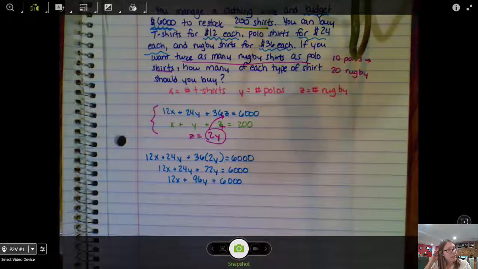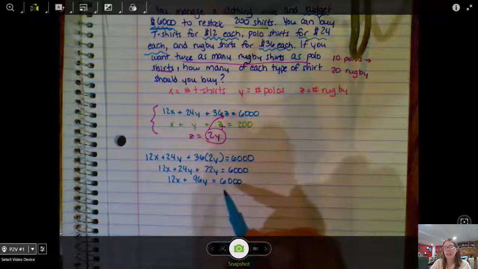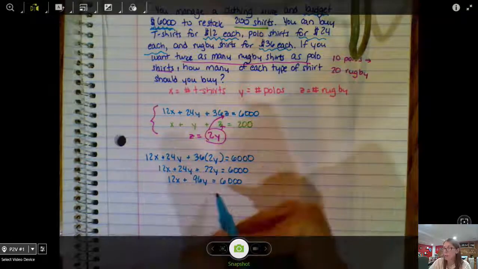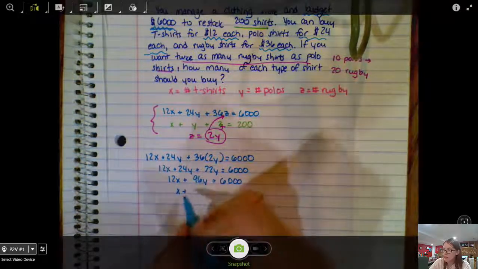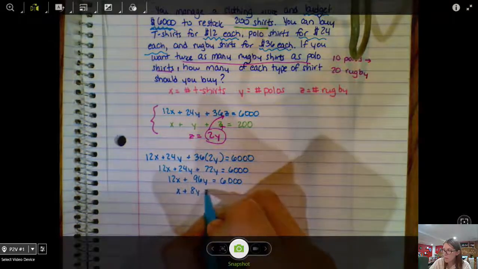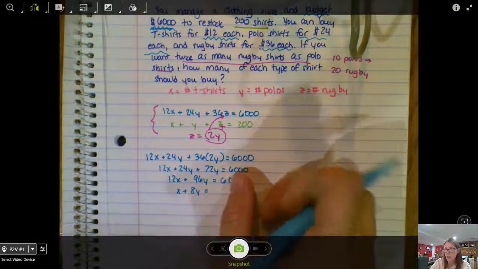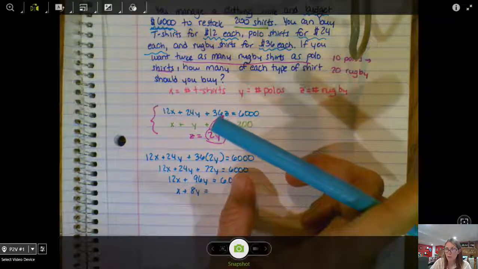And one thing that I notice here is that all of my coefficients and constants are divisible by 12. So I'm going to go ahead and do that. If I divide both sides by 12, I'd have x plus 96 divided by 12 is 8y. And 6,000 divided by 12, well, 60 divided by 12 is 5, so 6,000 divided by 12 is 500.